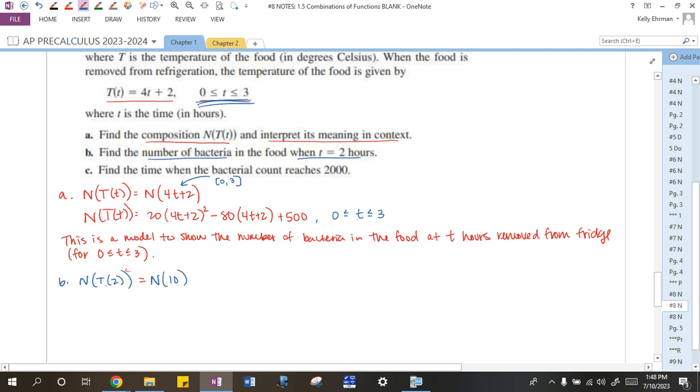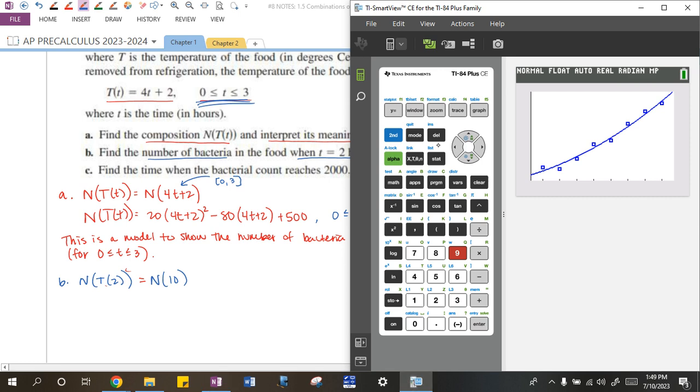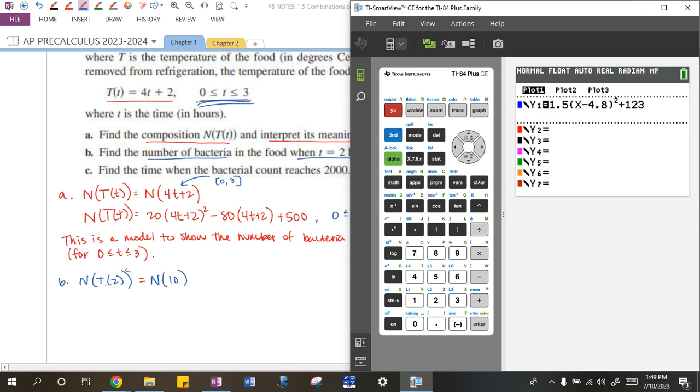But honestly, at this point, we can just plug into our calculator. If this is non-calculator, I would go through and do the math. But if it's calculator, I want to show you this if I haven't done this before. Let's clear out the old equation, turn off the plot.